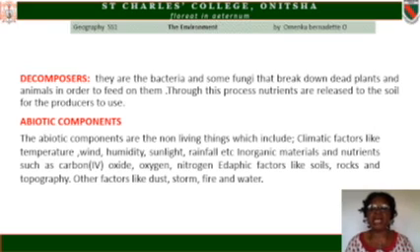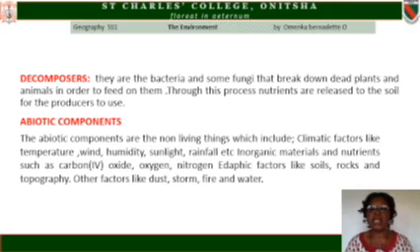Inorganic materials and nutrients, such as carbon dioxide, oxygen, nitrogen, are all found within these abiotic components.